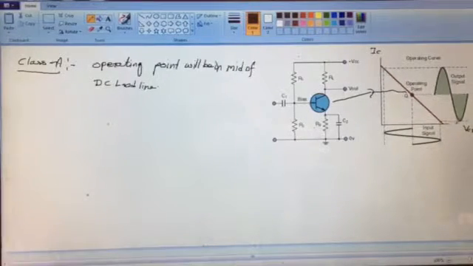This is the cutoff region, but before the cutoff region we are getting the complete cycle as output, and we have also provided the complete cycle of input. So in class A amplifier we will get the complete cycle. And this works in the active region.